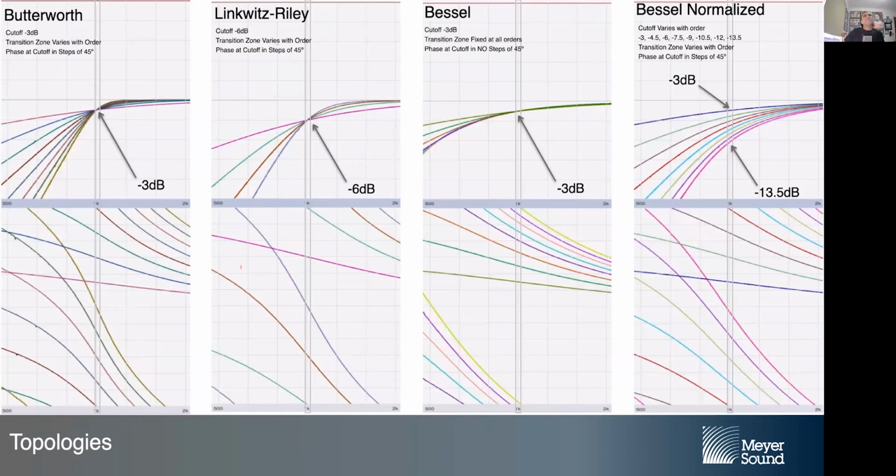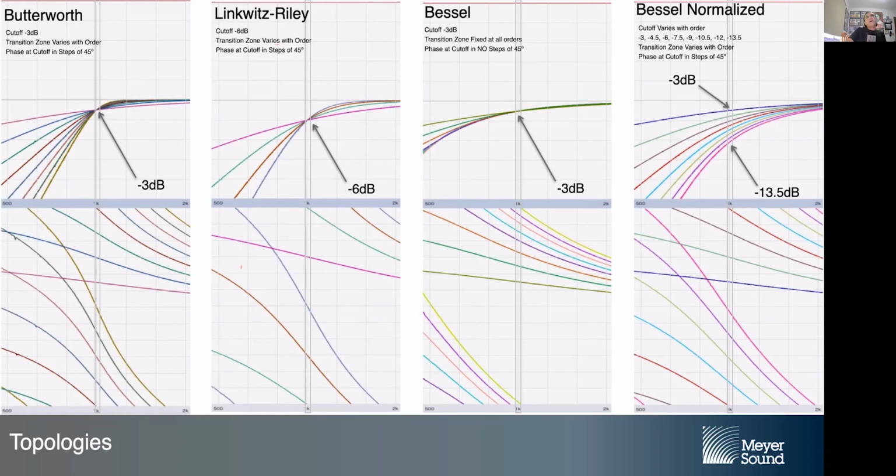And you can see here a zoom in of the previous explanations, where you can see a vertical rectangle, and in it all the Butterworths are at -3. And at the bottom, you can see that the phase shift is 45 degrees, 90, 135, 180, and goes all the way until order number 8, where we have 360.